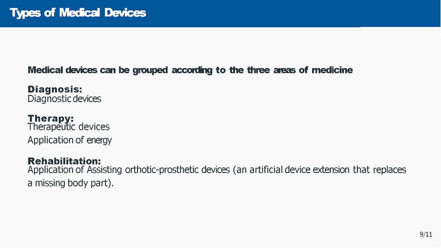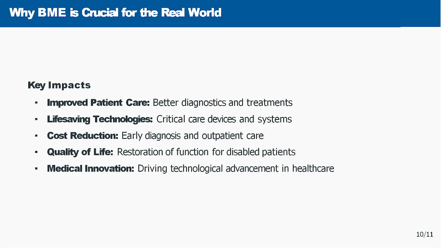And the third type of medical device is your rehabilitation devices or assistive devices. These assistive, orthotic and prosthetic devices, such as artificial limbs, will help you to replace a missing body part. So these are basically three different types of medical devices which are very useful and come under biomedical engineering.